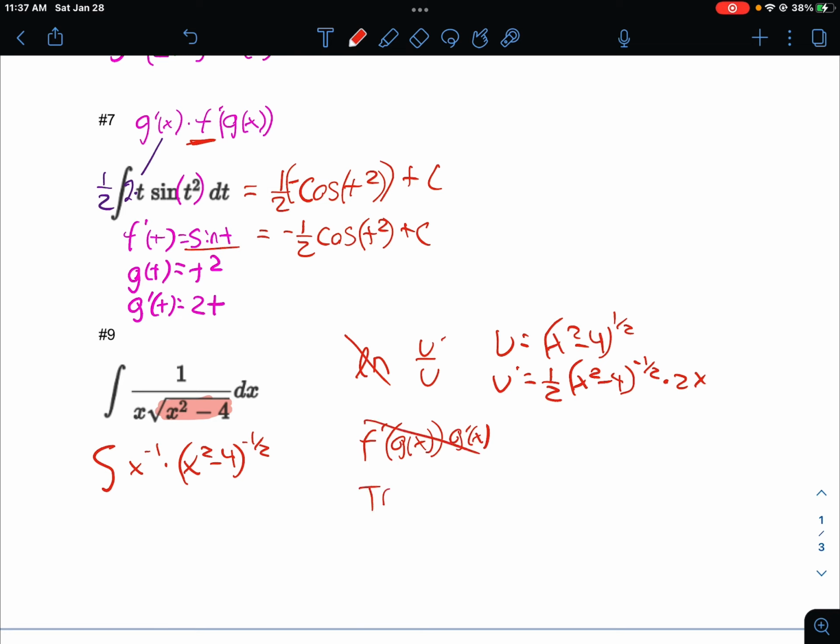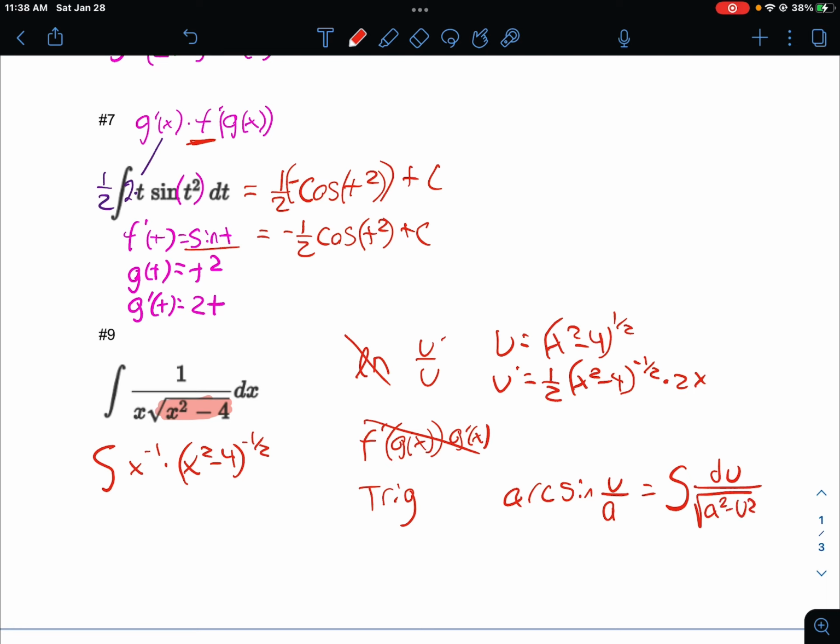So now we have to ask ourselves, is this actually going to be one of our trig rules? So from that, what we have to do is think about which one it's going to be. Well, it's not going to be arc sine, because we know arc sine of u over a is the integral of du, there's, of course, a plus c there, I just didn't write it, du over the square root of a squared minus u squared, I believe.